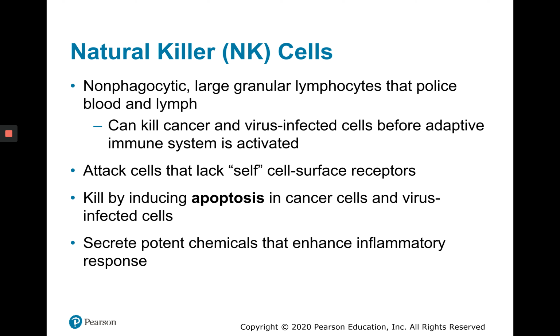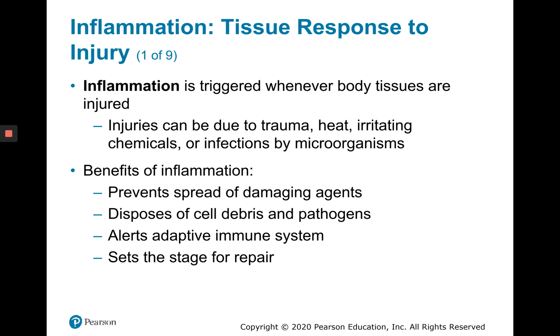In order to induce apoptosis, they use a two-step process wherein we use perforins, which are proteins that create a pore in the infected or cancerous cell, and granzymes, which are enzymes that get inserted into this pore, and they're able to induce apoptosis by acting inside this infected or cancerous cell. We do find that NK cells secrete potent chemicals and also enhance the inflammatory response.